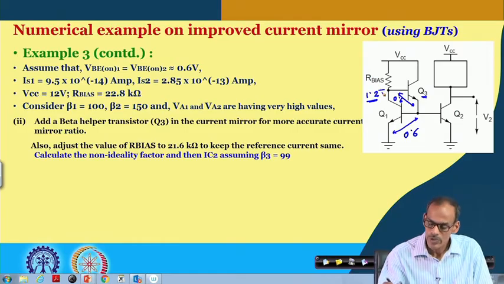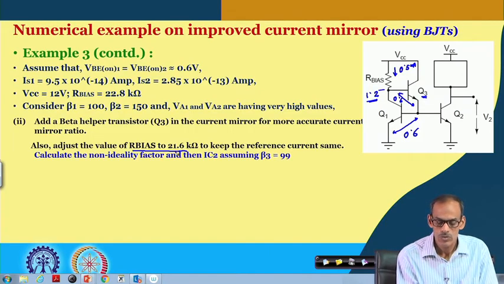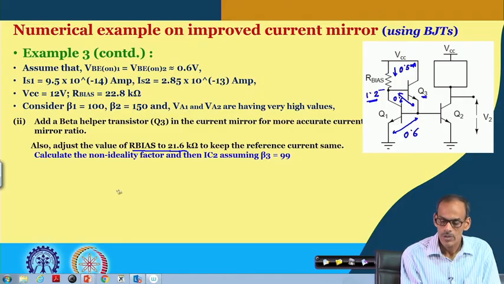To retain this current of 0.5 milliampere in this numerical example, we are readjusting this R bias to 21.6 kilo ohm, and that gives us the I reference current, the same 0.5.